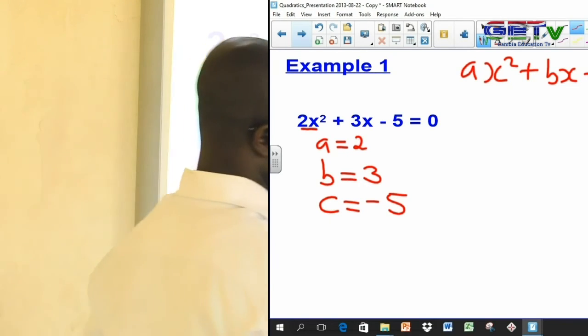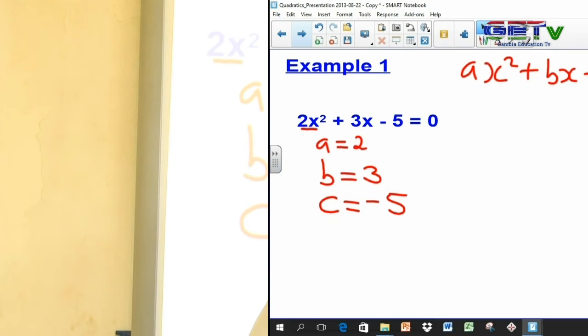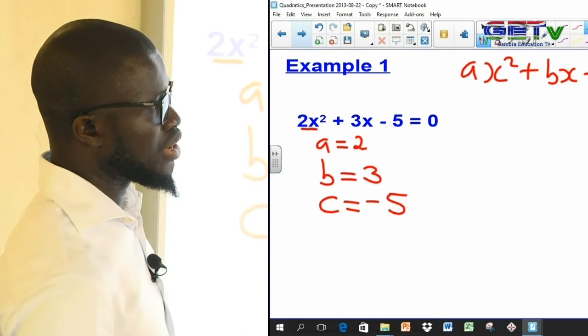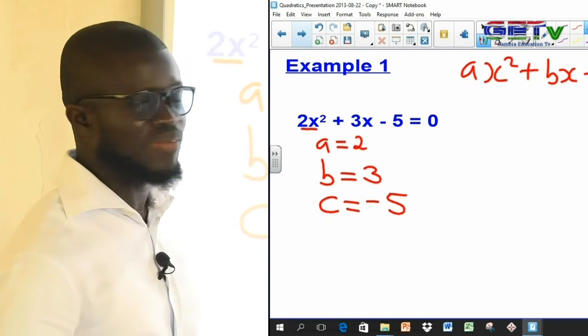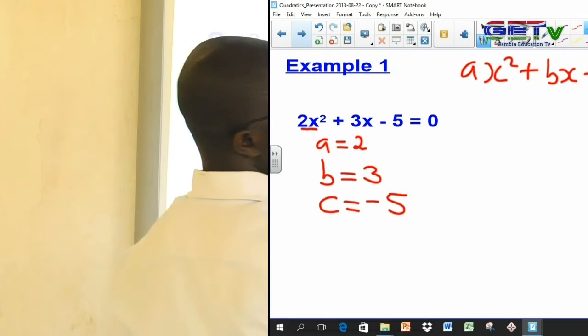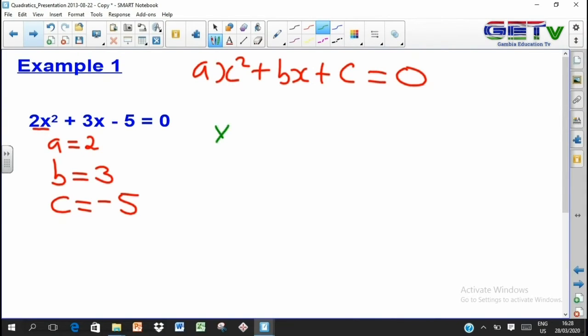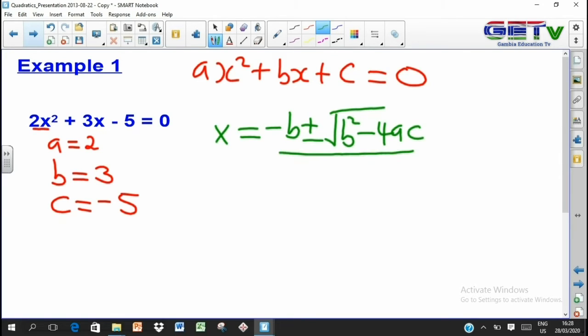Very, very important. Now, if you can remember, when we derived the formula, who can give us the formula? The formula is x equals minus b plus or minus the square root of b squared minus 4ac, all over 2a. This is exactly what we got when we derived the formula together.